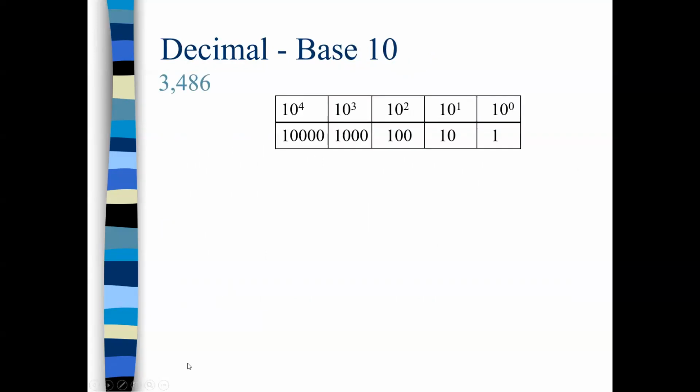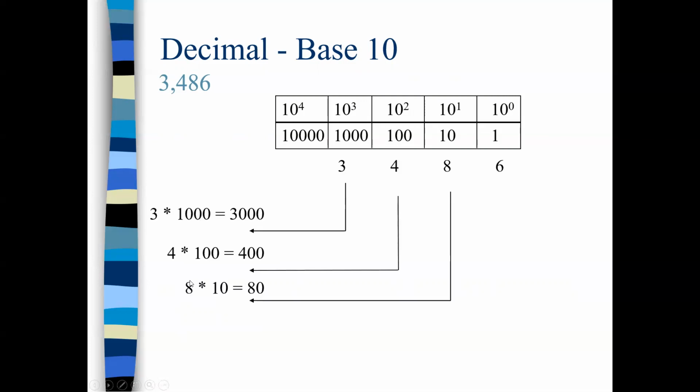So we can make a little chart like this if we wanted to figure out how much a given number was worth. But we don't have to, because we do this kind of math internally in our heads all the time without even thinking about it, right? Because we use the decimal numbering system all the time. So I know in my head, if I have the number 3,486, I'm going to start with the ones column.